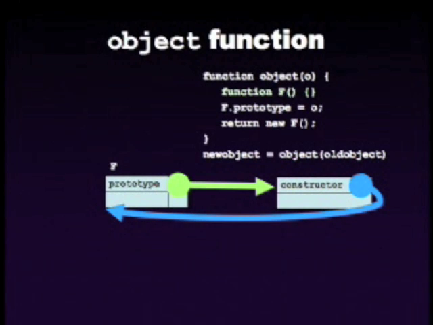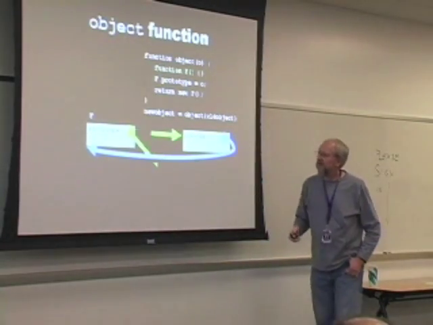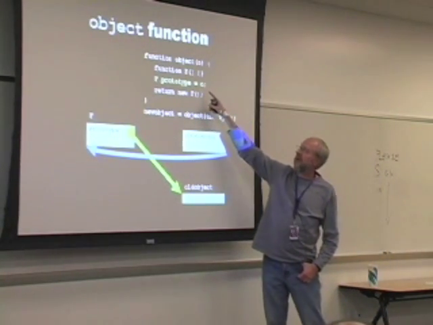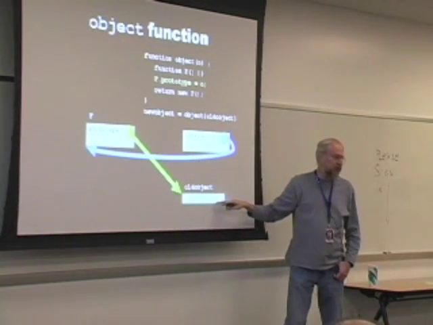We call the object function here to make a new object from an old object. First, it creates a function f, which has a prototype to an object, which has a constructor field, which points back to it. Then we replace its prototype with the object that we want to inherit from. So its prototype pointer is now pointing at the old object.